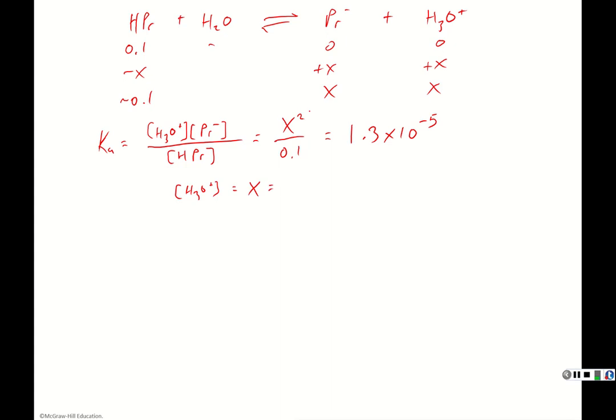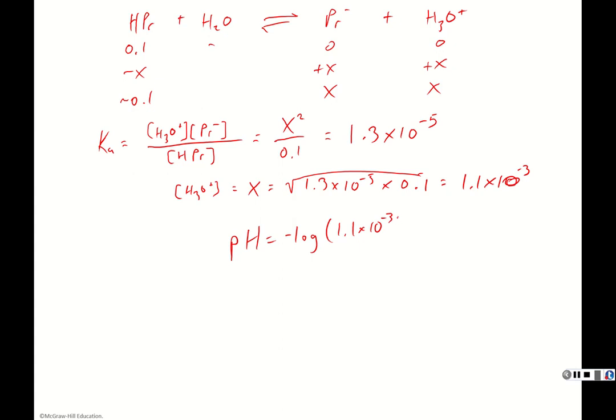It's just going to be X in this equation. It equals the square root of 1.3 times 10 to the minus 5 times the concentration of weak acid. So that's 1.1 times 10 to the minus 3. And our pH is just going to be the negative log of that value, which is 2.96.